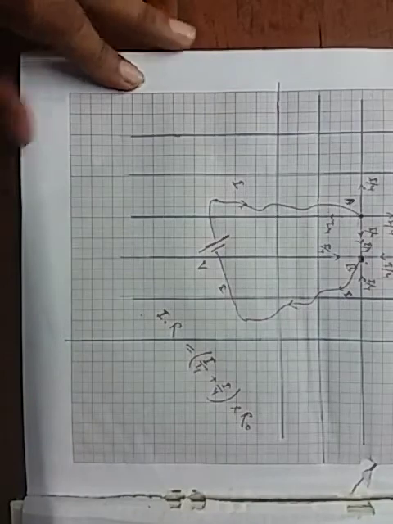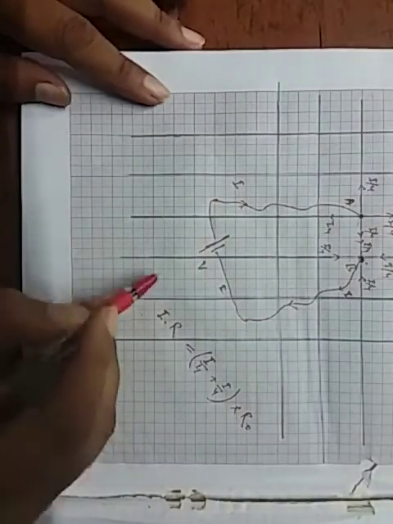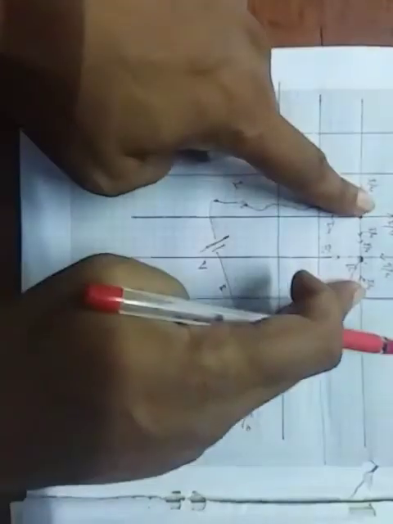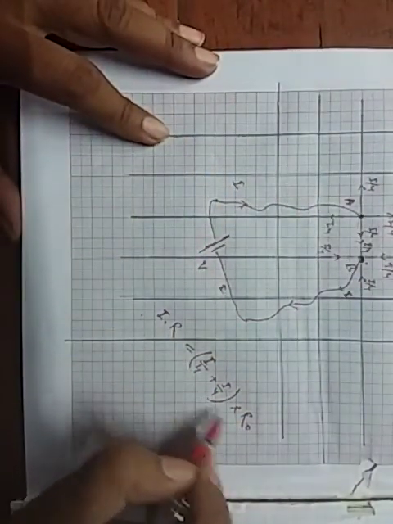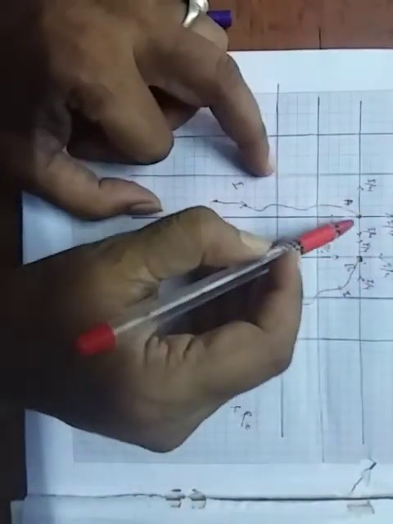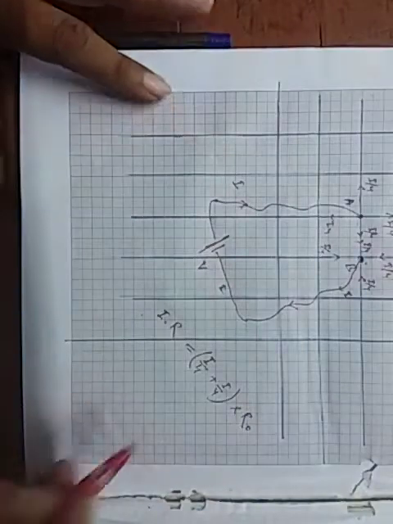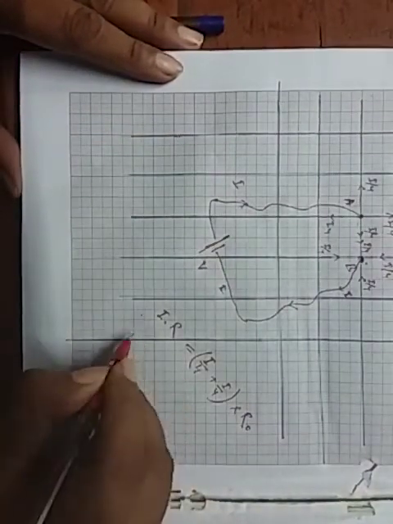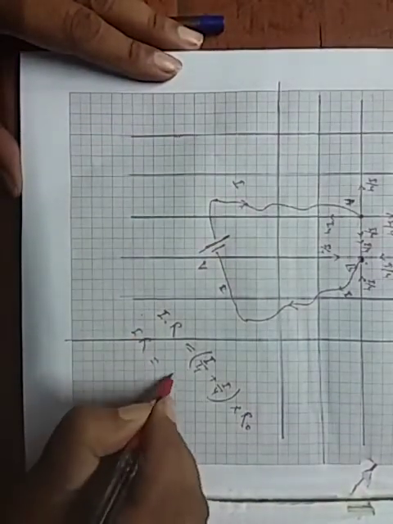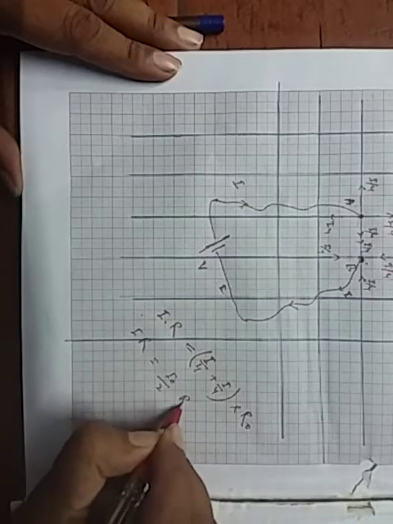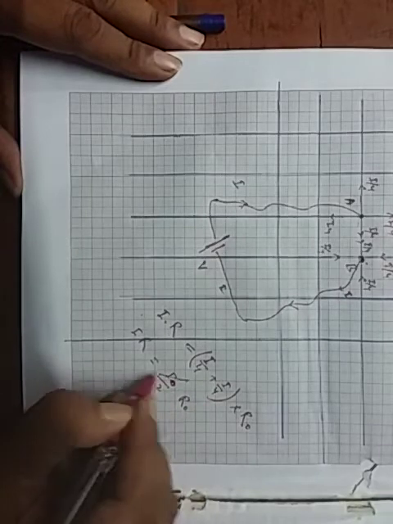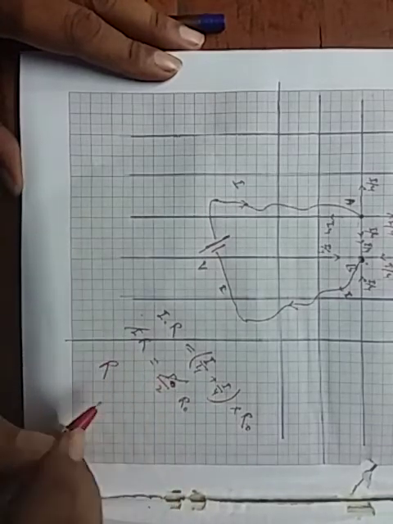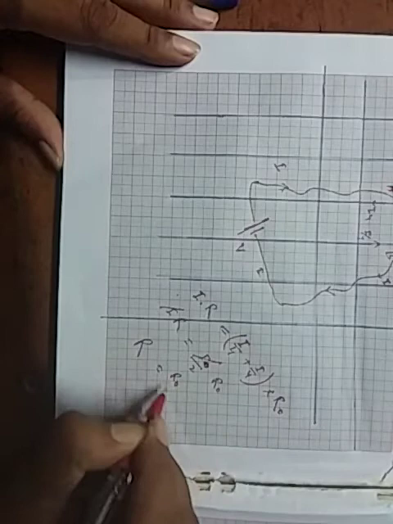So V is equal to I into R equivalent, and I by 4 plus I by 4 into R naught is also the potential drop across AB. So I into R is equal to I by 2 into R naught, and I gets cancelled. So your R equivalent is equal to R naught by 2.